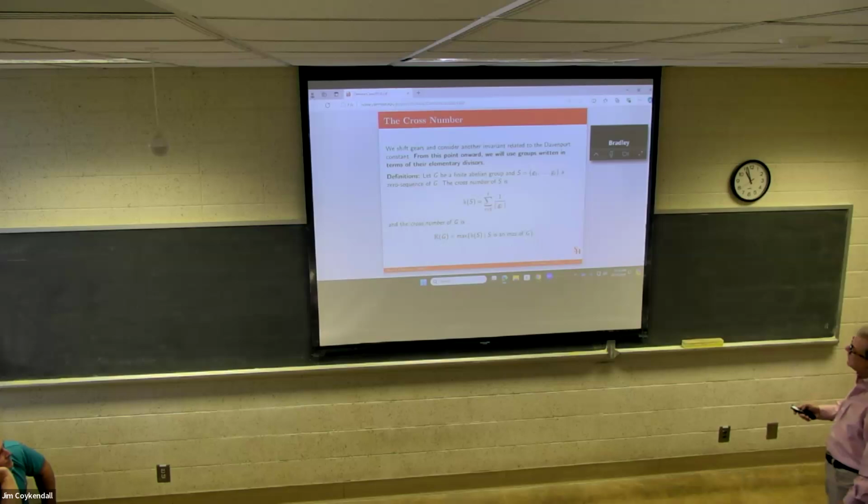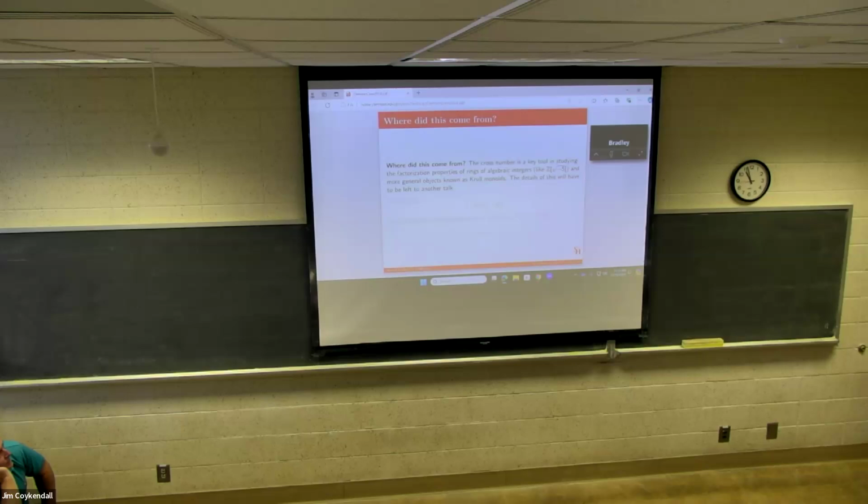Okay, now I think, where did this come from? Well, this is maybe something that you all, in the work that you do, might really be interested in. The cross number is a key tool in studying the factorization properties of rings of algebraic integers, like Z adjoin root -5, your really basic example of something that's not a UFD, but is an HFD.